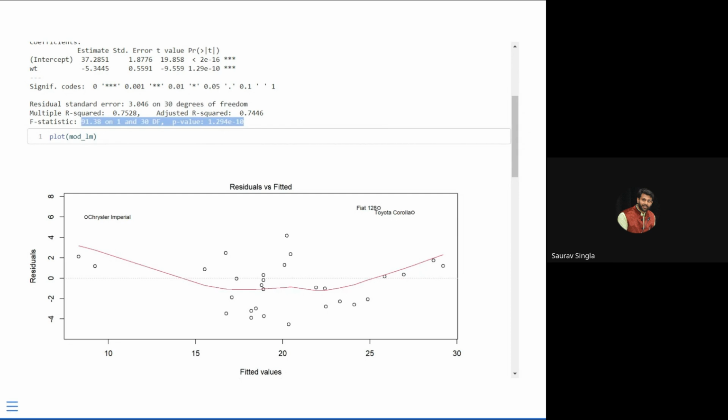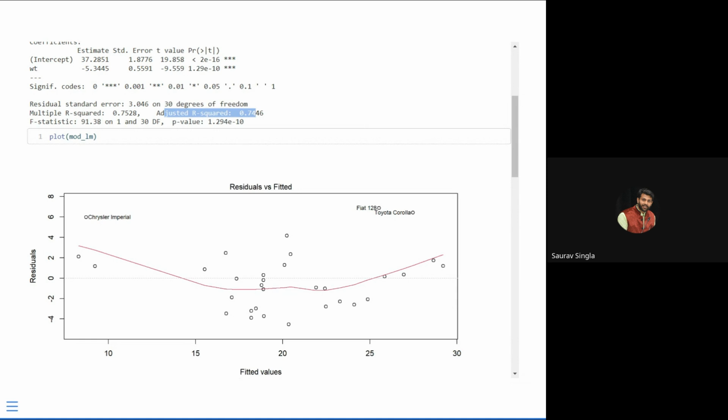Then again, you can see your R square value, this is multiple R square value, is 0.75. Always try to look at adjusted R square, that is a better value. Adjusted R square is 0.74. That means 74% of variation in miles per gallon could be explained by the weight variable.